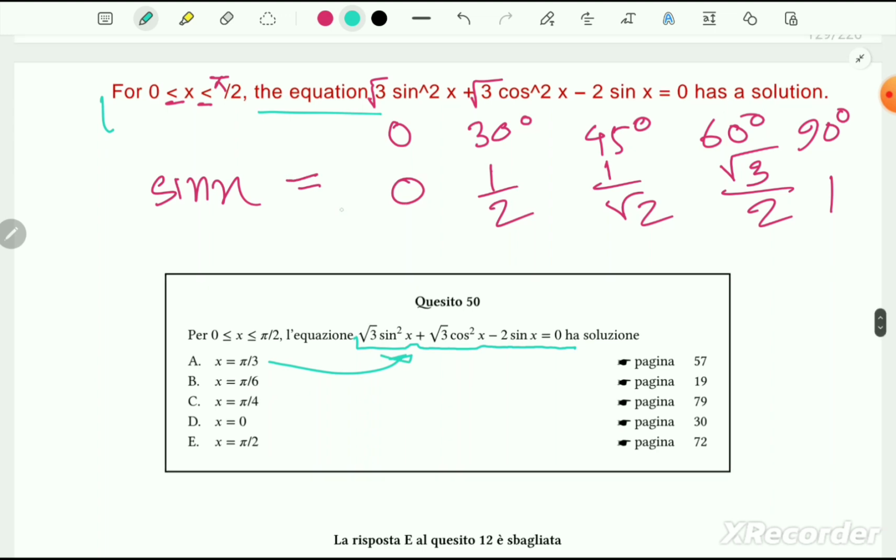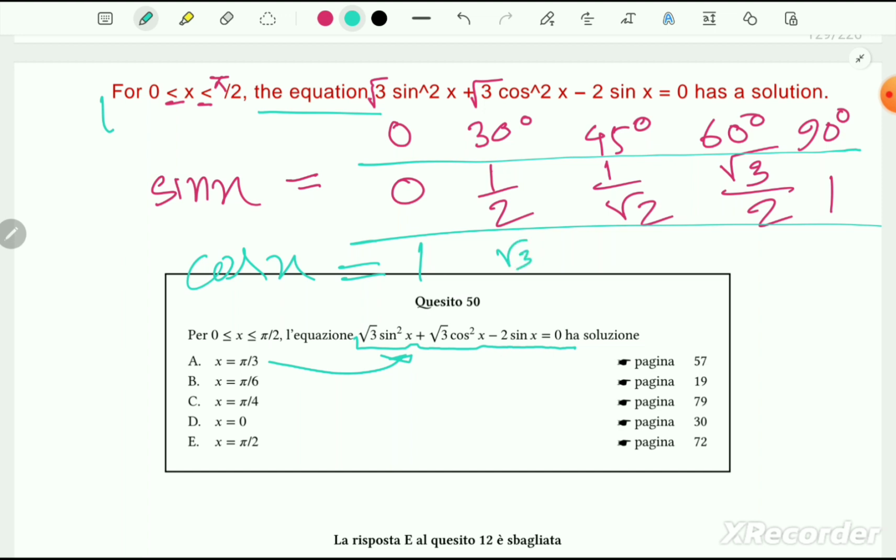So once again, this table is important. In case of cos x, we get 1, root 3 by 2, 1 by root 2, half, and 0. Now we can just simply input the values. For example, in case of option A, it gives us 60 degree.